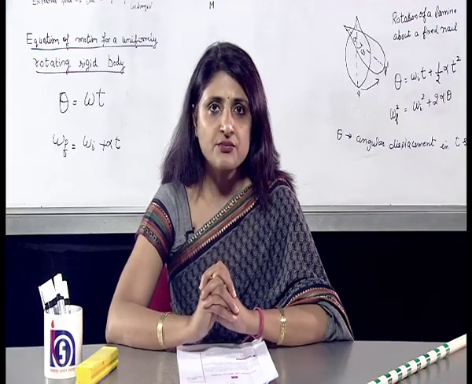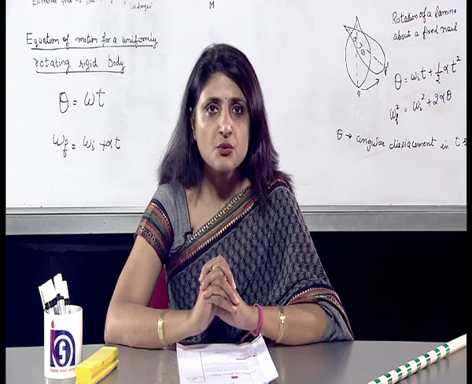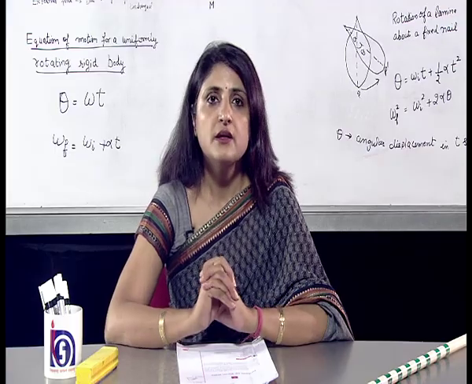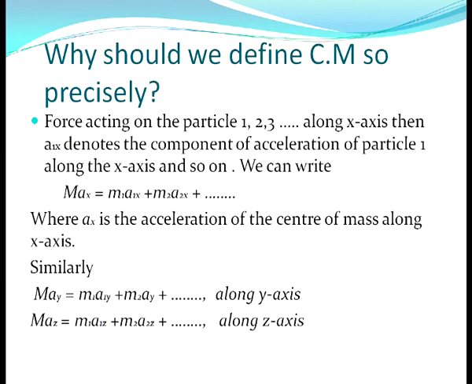Now, we should define the CM. The question arises, why should we define the CM so precisely? Consider the forces acting on particles 1, 2, 3 along the x-axis, where a1x denotes the component of acceleration of particle 1 along the x-axis and so on.